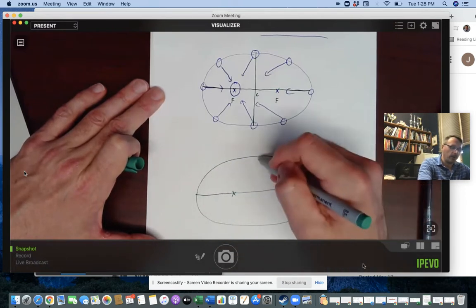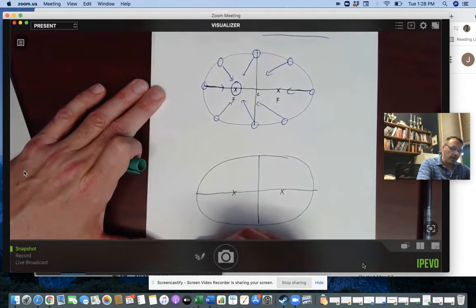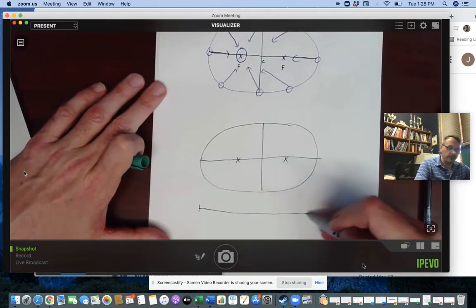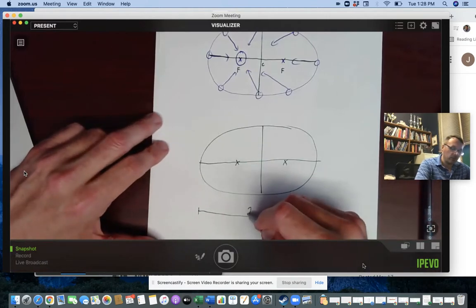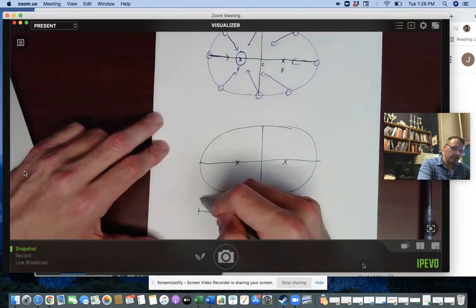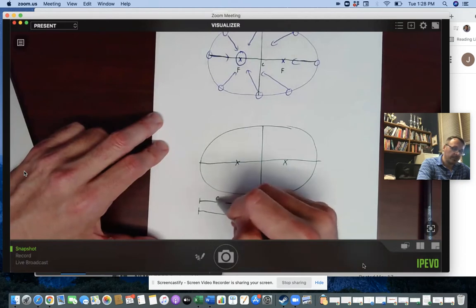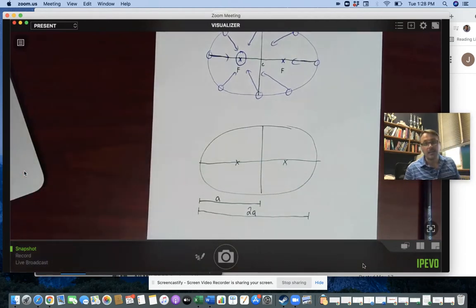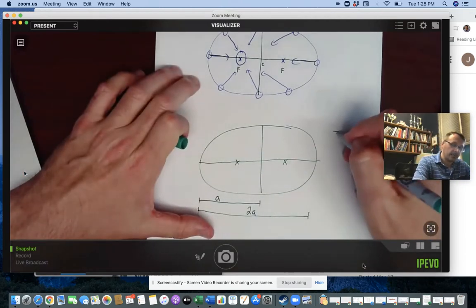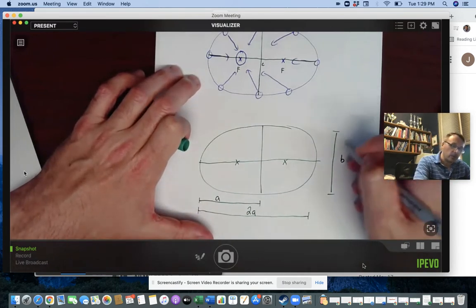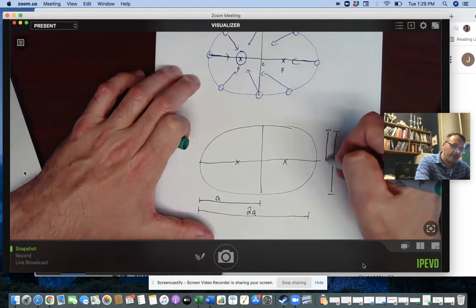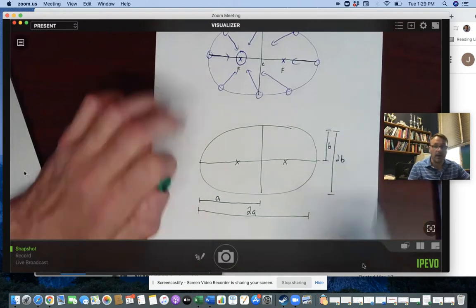I'm going to call this distance here the major axis. The major axis has a length of 2a, meaning the distance from here to here, which is called the semi-major axis, has a length of a. This distance here is called the minor axis, with a length of 2b, and half that distance is b, the semi-minor axis.